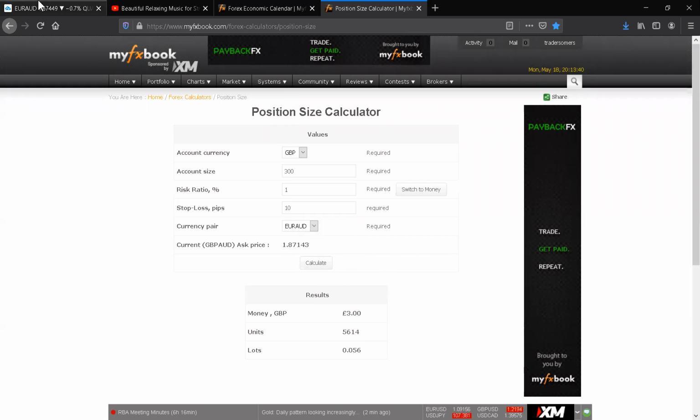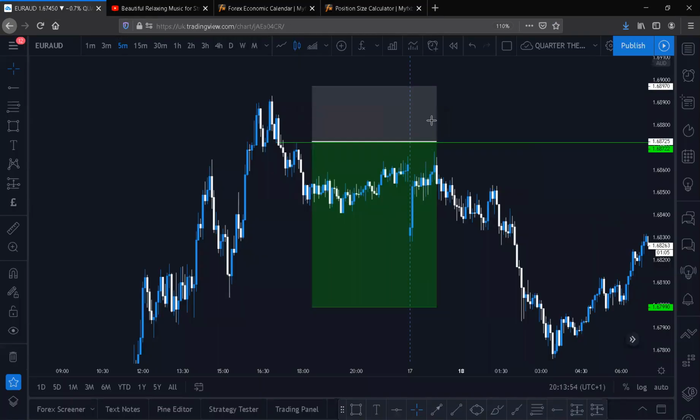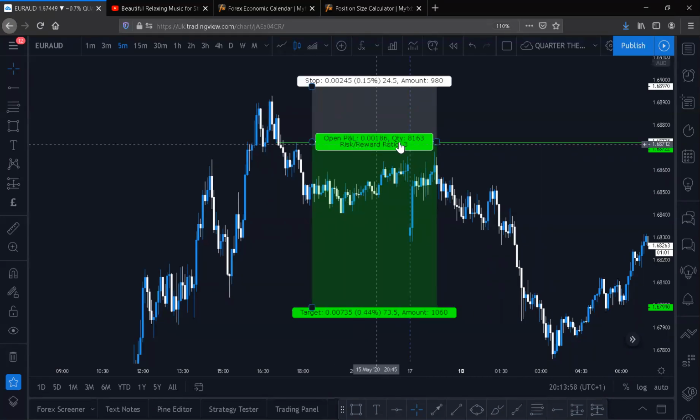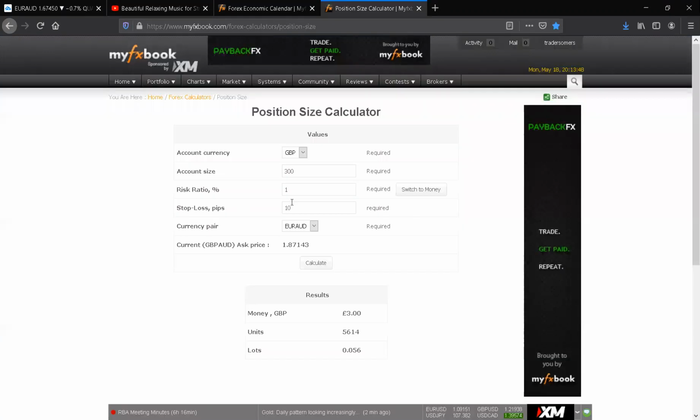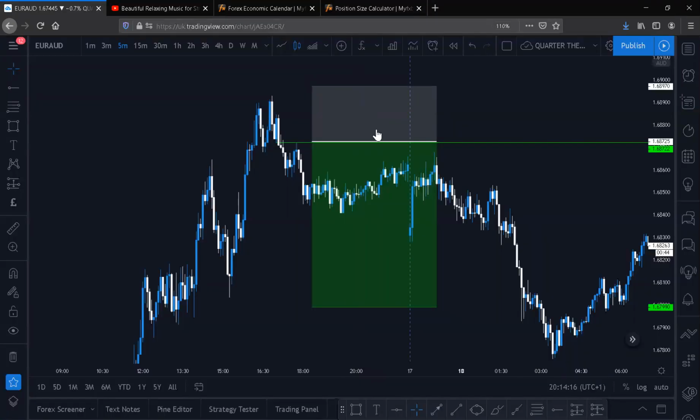But what is a good thing, a lot of people do not know this, this is a 1-to-3 trade, okay? If you change this to 2, so you're risking 2% on your account, you actually double.